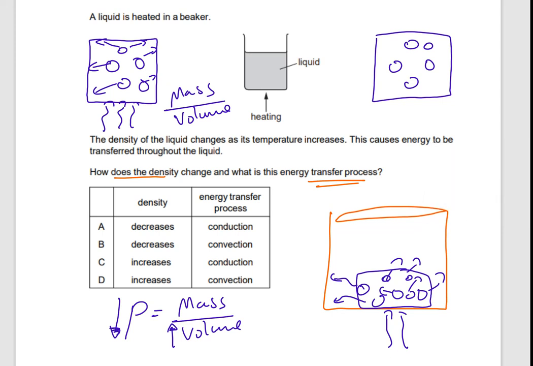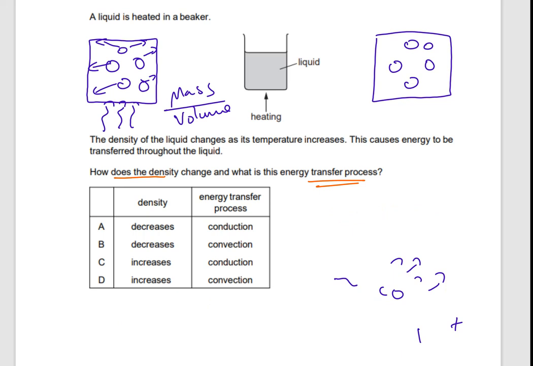Now when you heat these water molecules, there will be more space in between them, so the volume they take up has increased. When you calculate mass divided by volume, the density would decrease. As the density decreases, what would happen? Since they become less dense than the surrounding water molecules, they float and rise to the top.